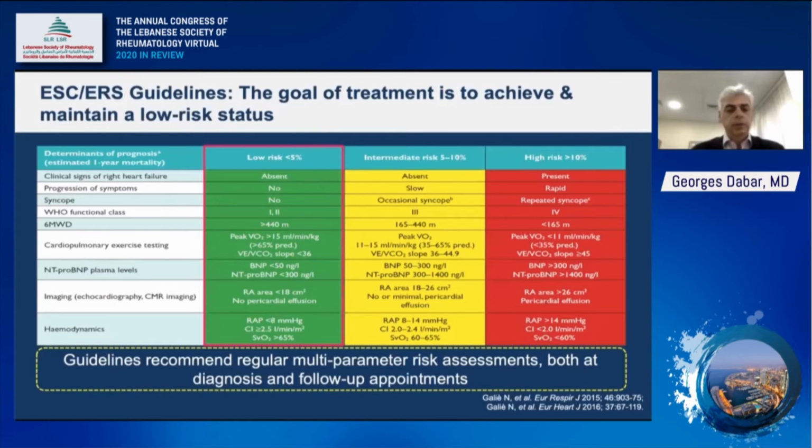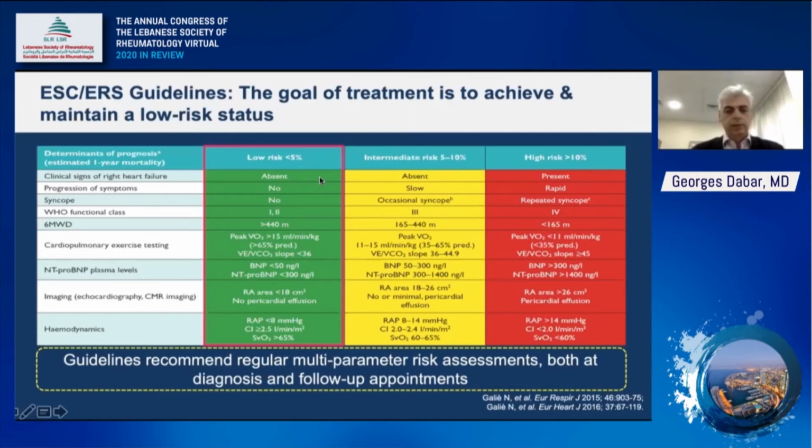The cardiopulmonary exercise testing with the peak VO2, more than 15, 11 to 15, or less than 11. The NT-proBNP, if it's low or high. Echocardiography with the right atrium size. And the hemodynamics on the right heart cath with the right atrial pressure, the cardiac index, and the SVO2. And you can end up being low risk, intermediate risk, or high risk.